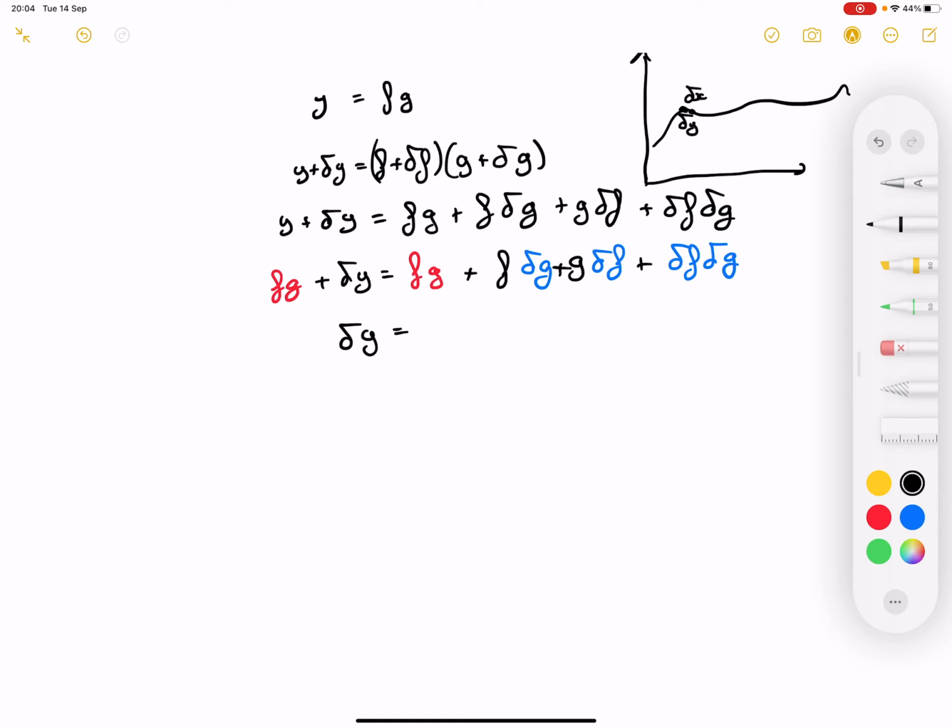So small change in y is equal to f delta g plus g delta f plus delta f delta g.